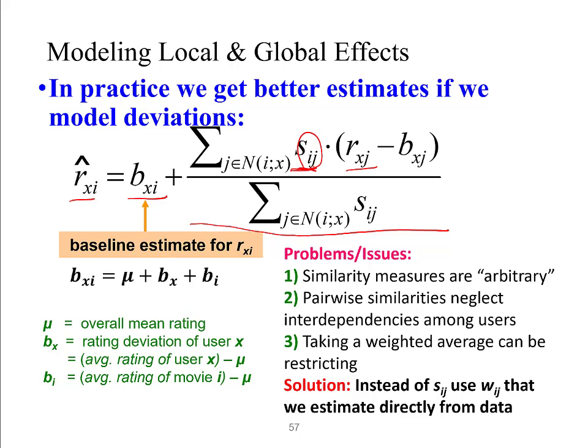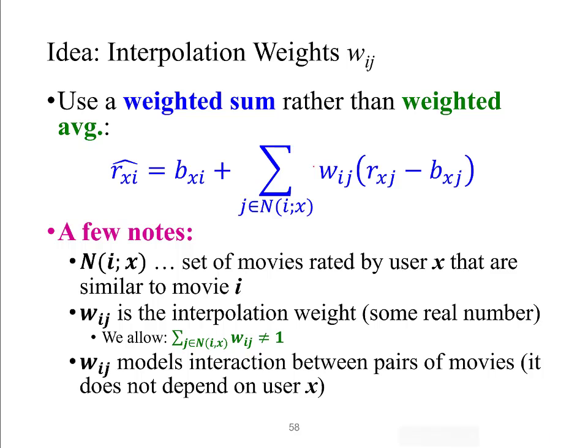So the solution would be, instead of using the similarity Sij, we use Wij that we estimate directly from data. So here we use a weighted sum rather than a weighted average. So the formula is rewritten as this.